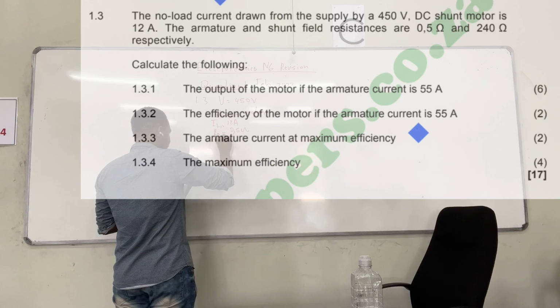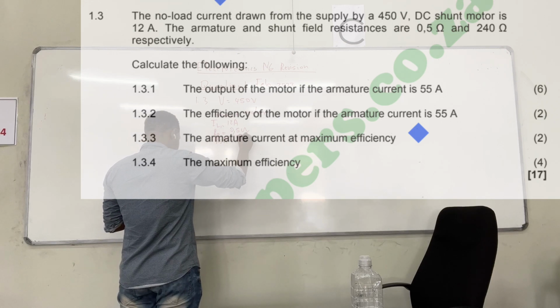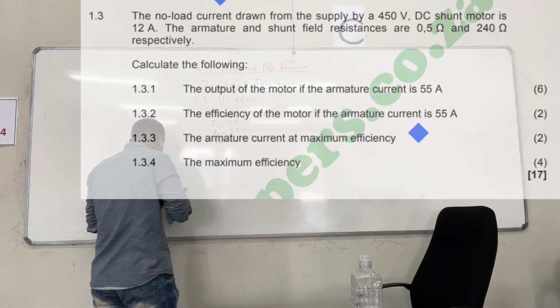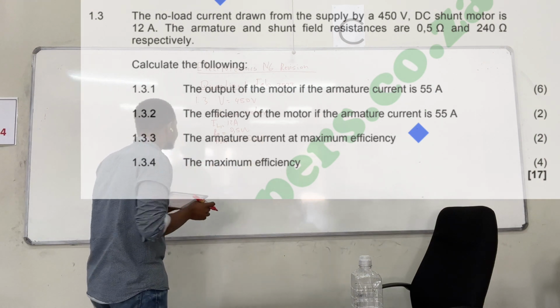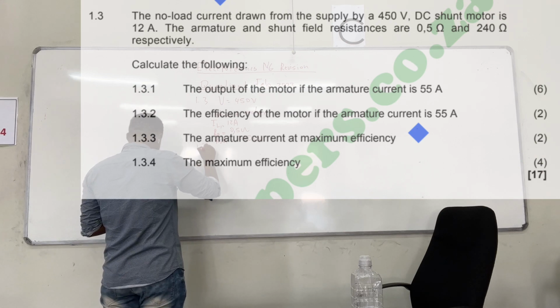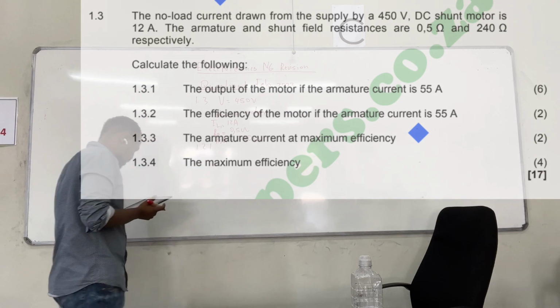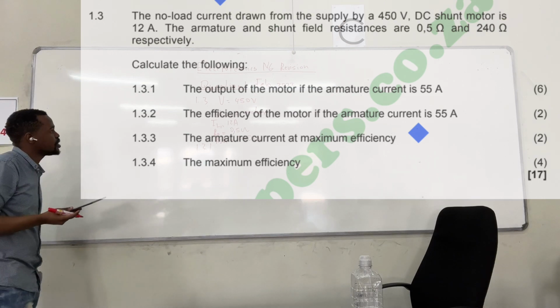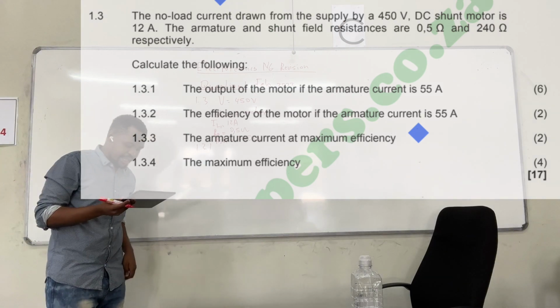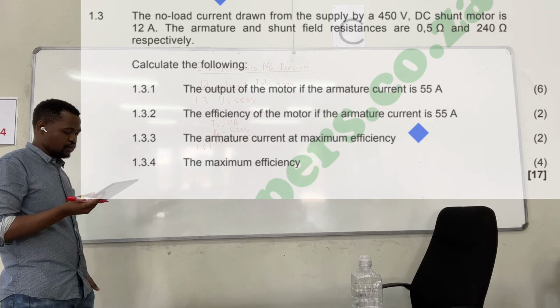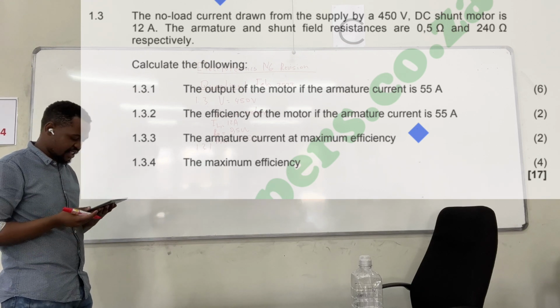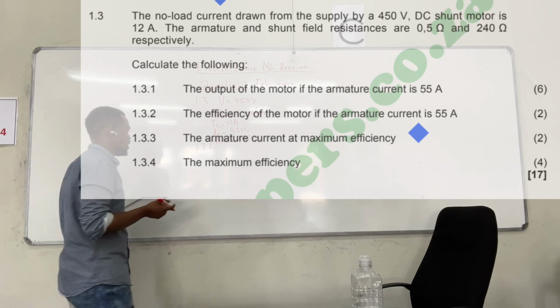Then R shunt is equal to 240 ohms, respectively. 1.3.1, calculate the following: the output of the motor, if the armature current is 55 amps.